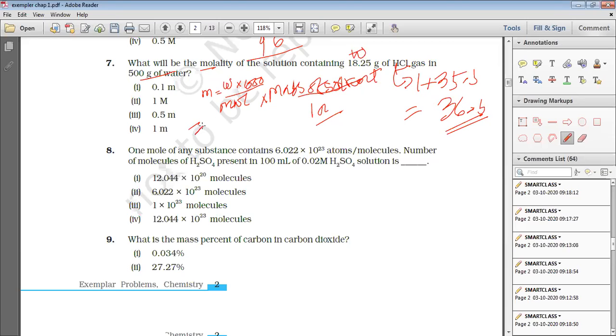So how can you calculate it? You have 18.25 multiplied by 1000 divided by 36.5 and multiplied by 500. This 500 and 1000 get cancelled, dear students.